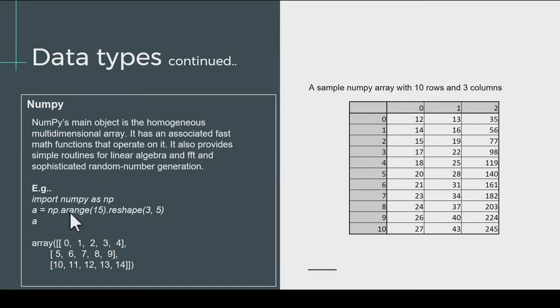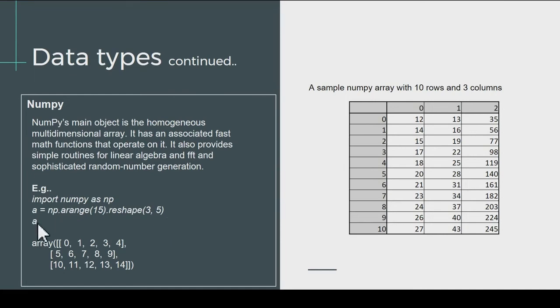Now the resultant object is again a NumPy object. So this reshape function acts on the output of this function and will augment the dimensionality of the resultant NumPy array into a different one. So the output over here would be 15 elements in one row, and that is augmented into 3 rows with 5 elements each. This is very similar to what you would have already seen in Java in case you have exposure to it.